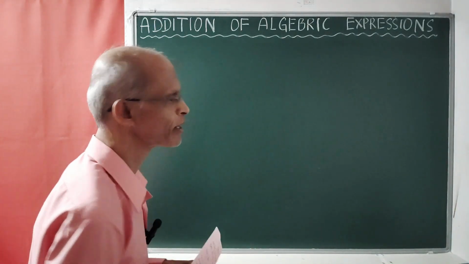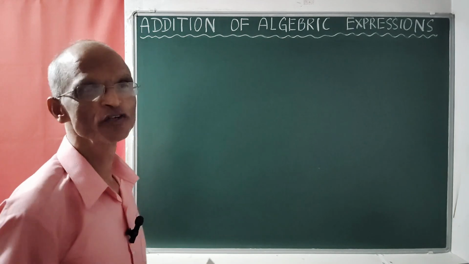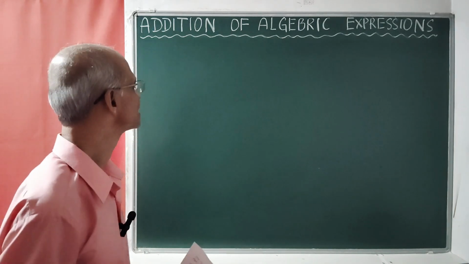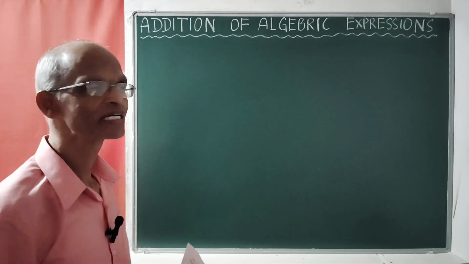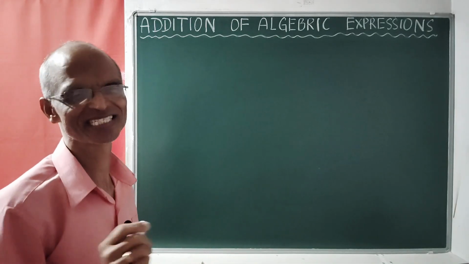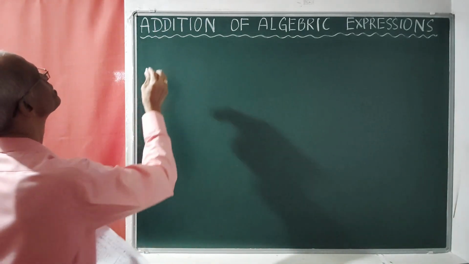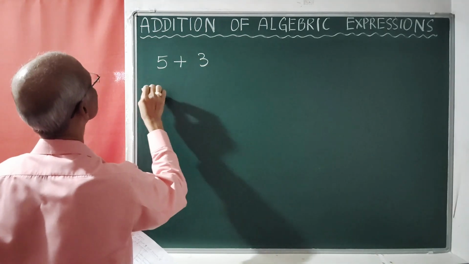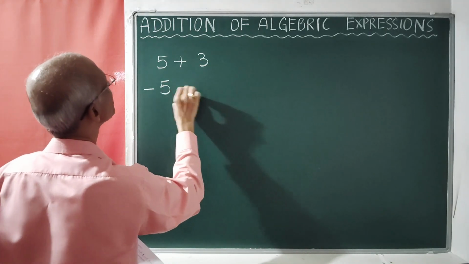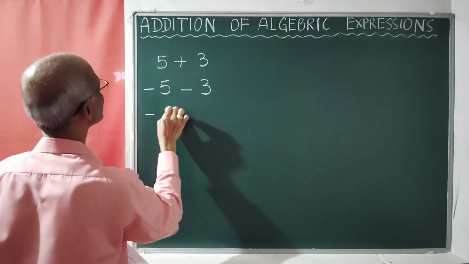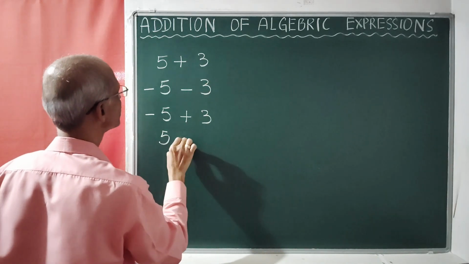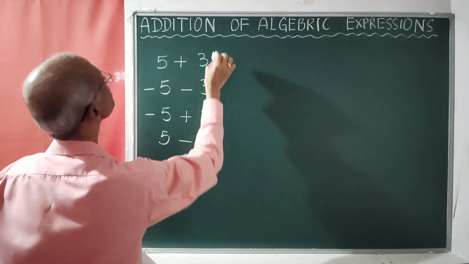So now, before going into this, we should first learn the basic rule for solving integers. See, plus 5 plus 3, minus 5 minus 3, minus 5 plus 3, plus 5 minus 3.